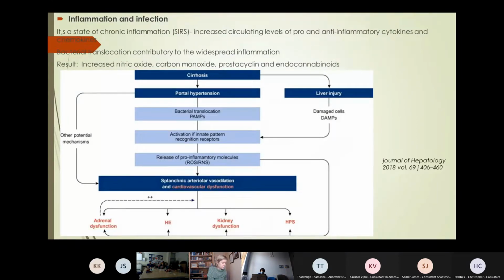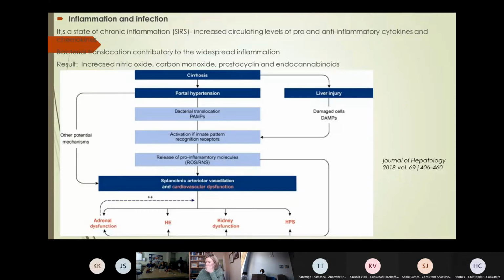Okay. It's a busy slide, but the summary here is cirrhosis is a chronic inflammatory multisystemic disease. And what happens is with continued liver injury, the patient develops cirrhosis and portal hypertension.